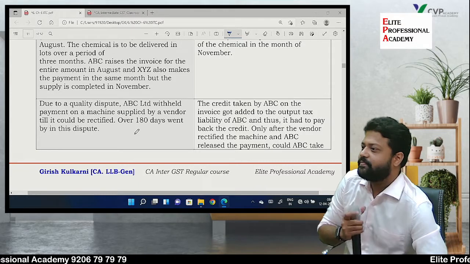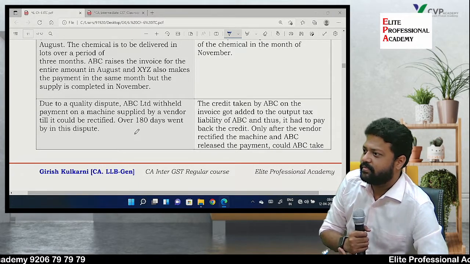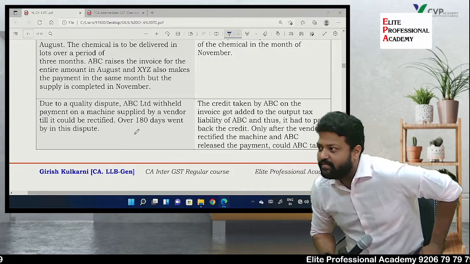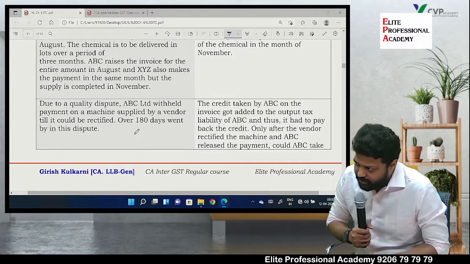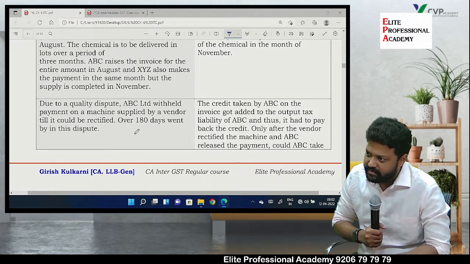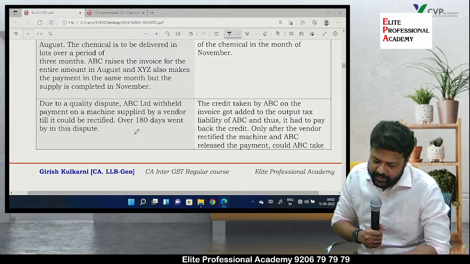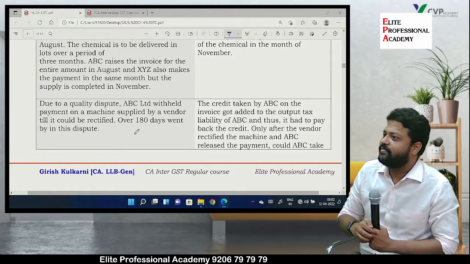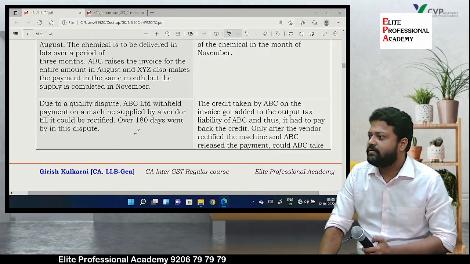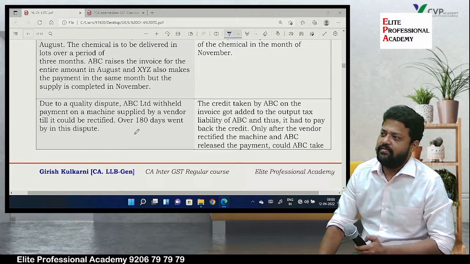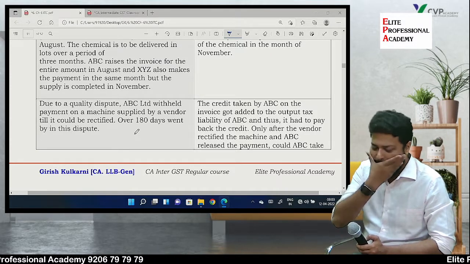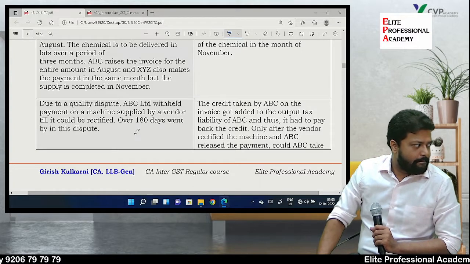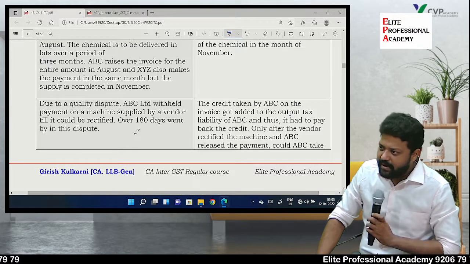Can the ITC be claimed? Can be availed further.